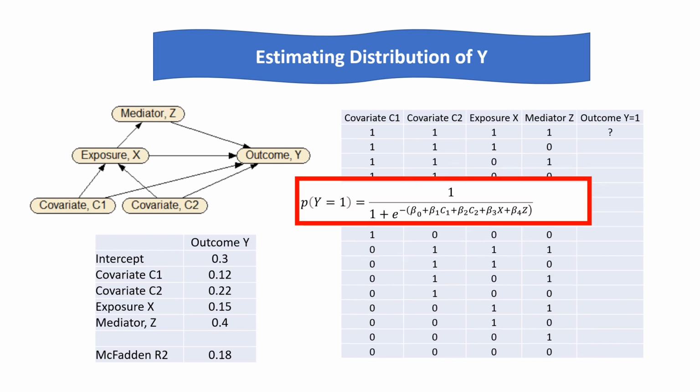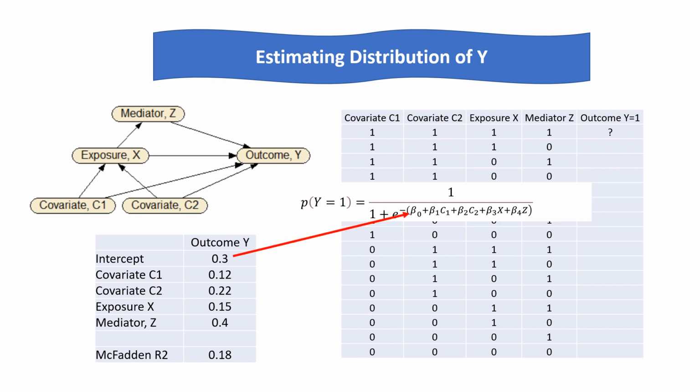The regression equation is used to calculate the probability of the outcome. In logistic regression, this is done as 1 divided by e to the inverse power of the regression equation. The intercept is 0.3 and is entered into the equation. The coefficient of C1 is 0.12.